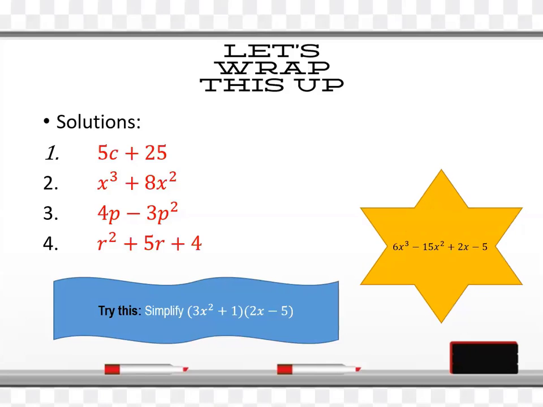If you got 6x cubed minus 15x squared plus 2x minus 5, you are correct.